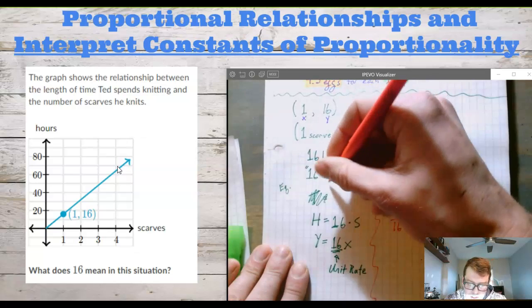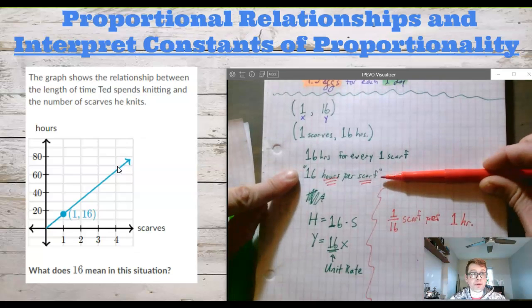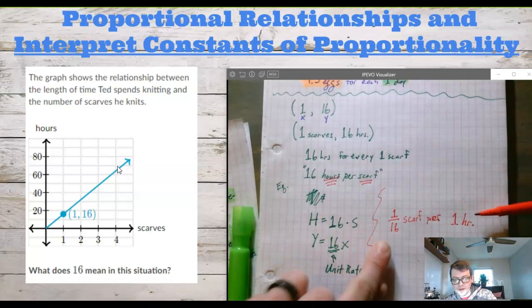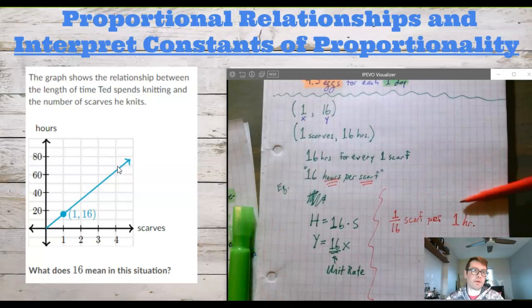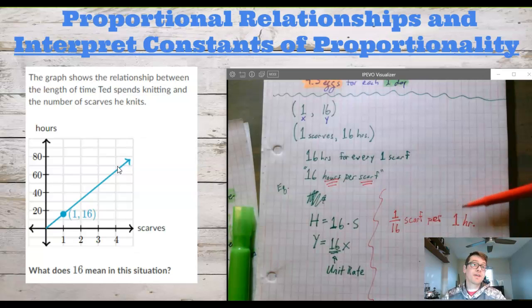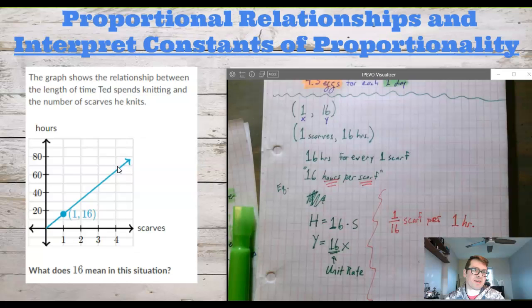So if the first unit rate, guys, was hours per scarf, the other unit rate, the reciprocal unit rate, turns the label around. And guys, this is the trap door. If you're getting wrong answers to your work on Khan Academy, it's probably because you're typing in the reciprocal of the correct answer. I'm trying to tell you guys what I know you're going to probably goof up, because a lot of people do. Let's try another one of these.